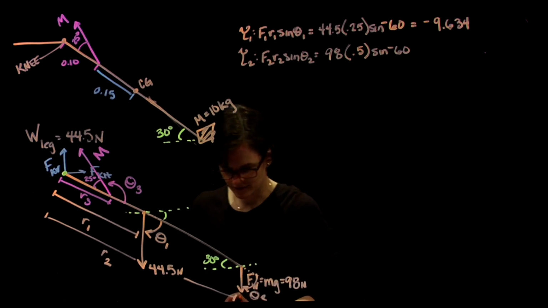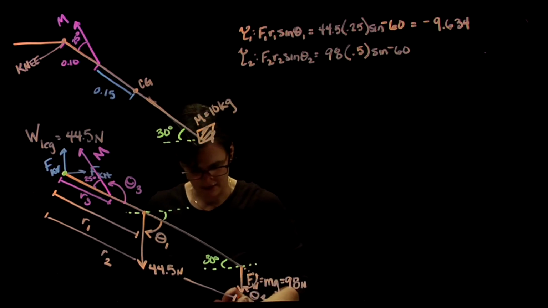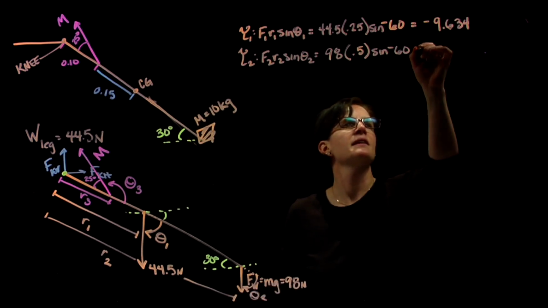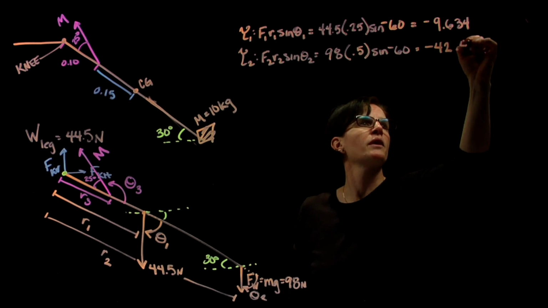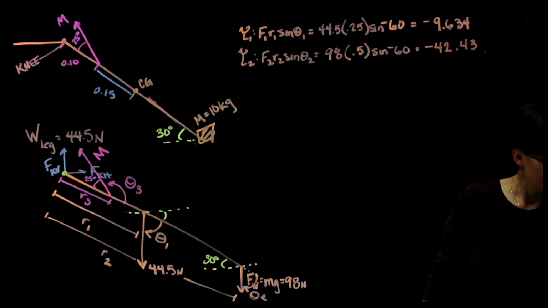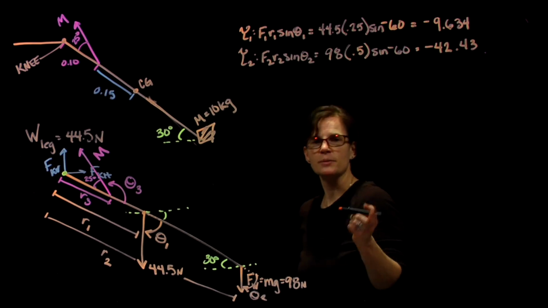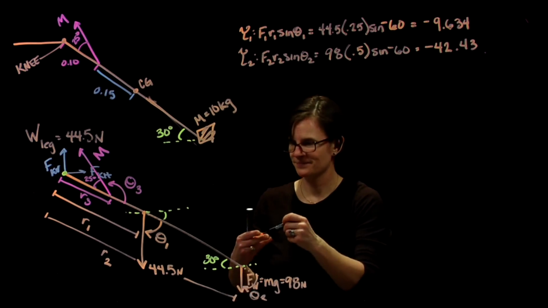So we have 98 times 0.5 times the sine of negative 60. We're left with negative 42.43 newton meters. Perfect. Should it be negative? Yes, it's rotating in the clockwise direction.